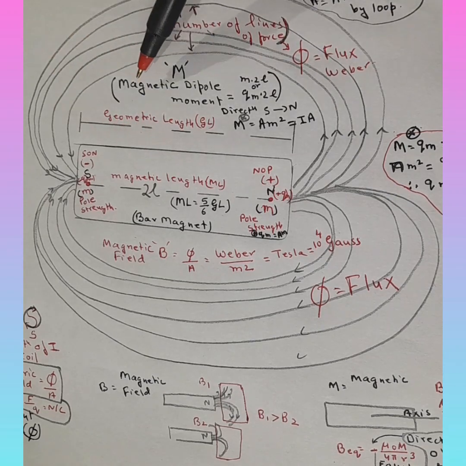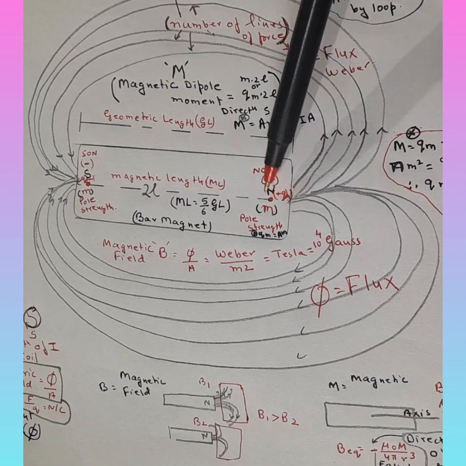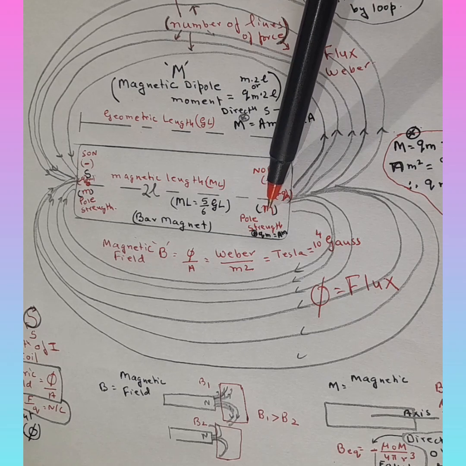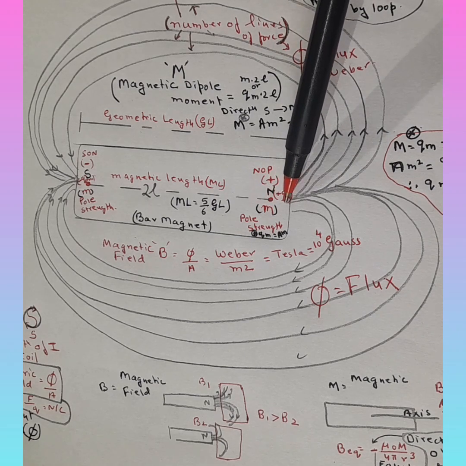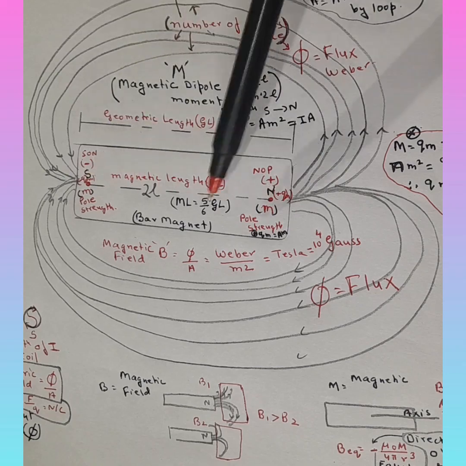Now let us try and understand what is capital M. Normally it is capital M, which is the magnetic dipole moment. The magnetic dipole moment is pole strength, which we can take as small m or Q subscript m, into the distance.